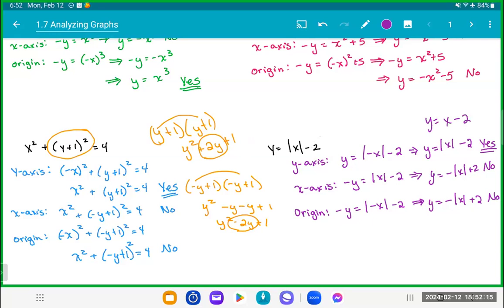So I was just trying to eliminate confusion. But this here could also be y equals x minus 2, so they are the same thing. Does that help? All right. Any questions about how we can test for symmetry?